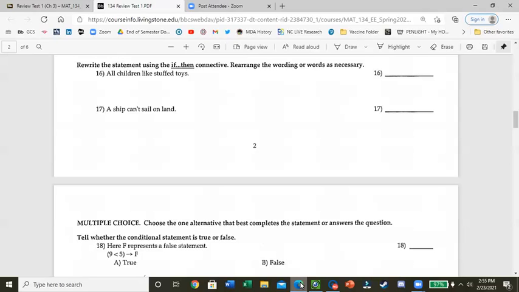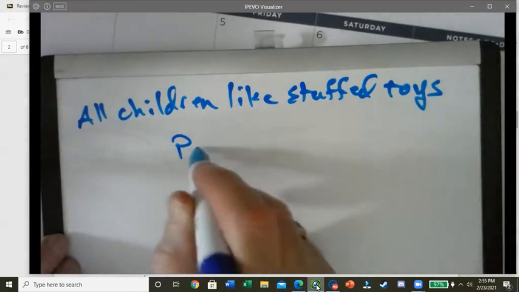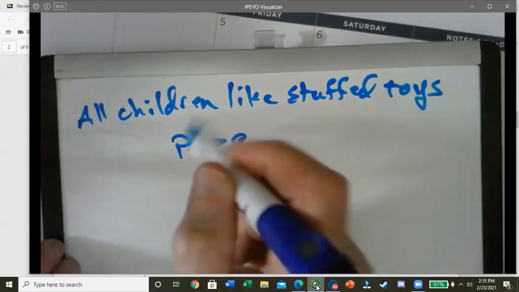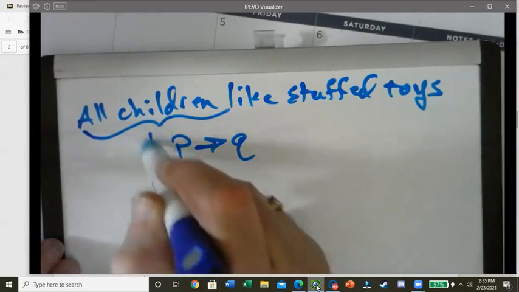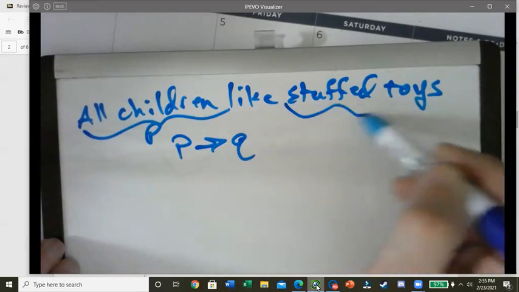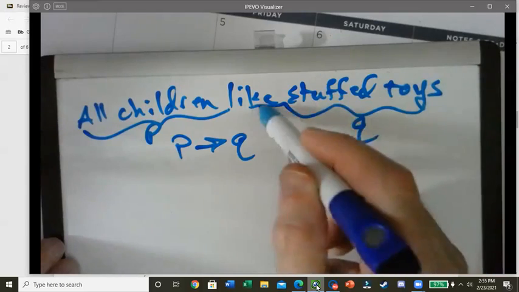And we want to write that as an if-then statement. Okay, so we want to write this as if P, then Q. So we would look at all children, that's our P, and like stuffed toys, that's our Q.